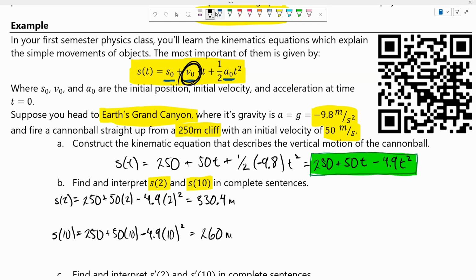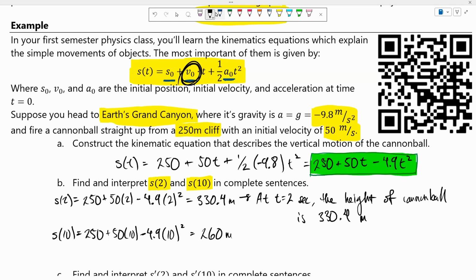Okay, now I'm going to interpret these. They're English words attached to this, right? Okay, so what this one says is at t equal 2 seconds, right? Does that make sense? The height of the cannonball is 330.4 meters.